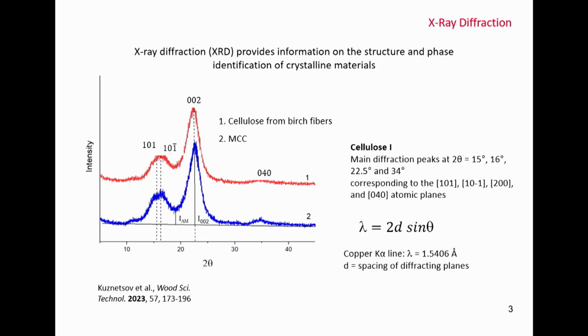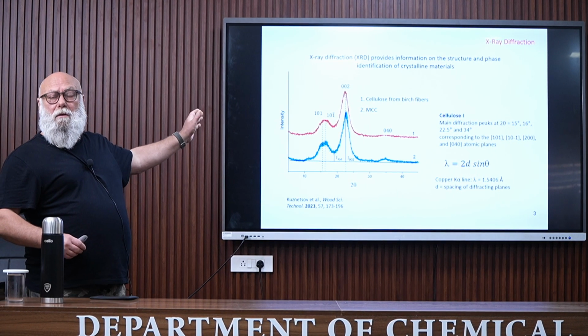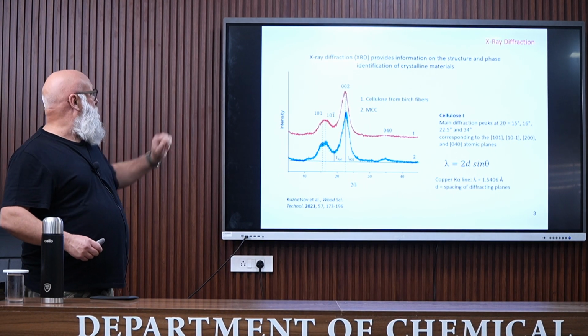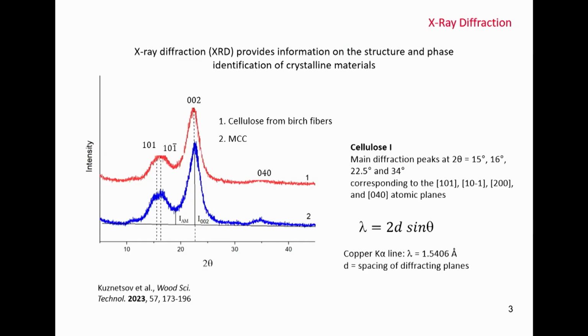And as you know, cellulose is a semi-crystalline polymer, meaning that we have some crystalline peaks, and what is called an amorphous halo. In the case of native cellulose, cellulose I, we have this main diffraction peak at this angle, and it corresponds to this atomic plane.